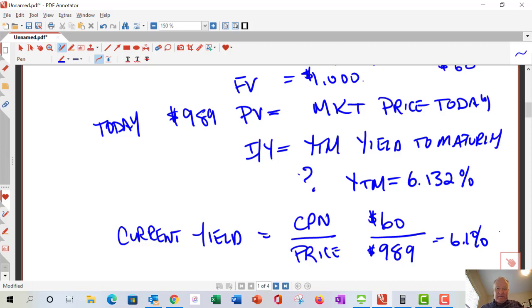They typically don't move a great deal. If market interest rates change, then bond prices will change. But day to day, if rates are stable, they don't change a great deal. So that's just the current yield. That'll change every day when the price of the bond changes. The coupon is fixed, right? So this amount doesn't change, but this market price daily can vary, although it won't be significant.